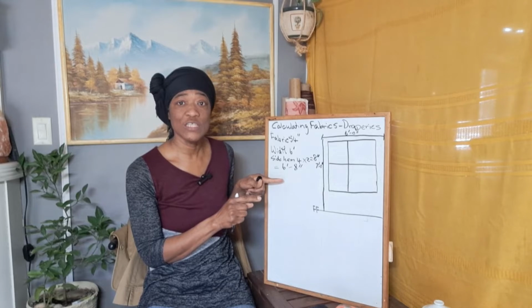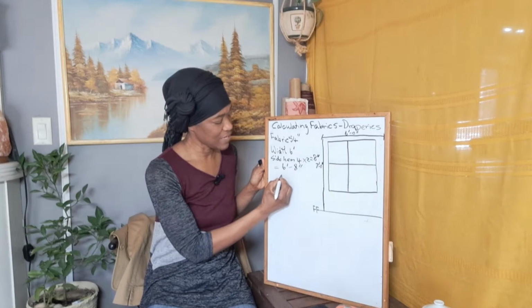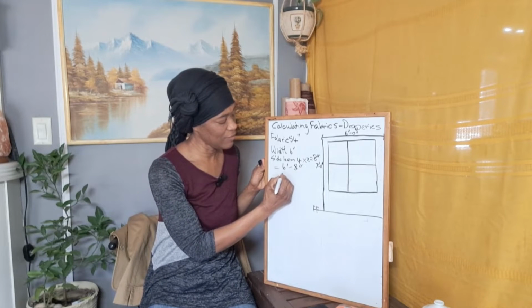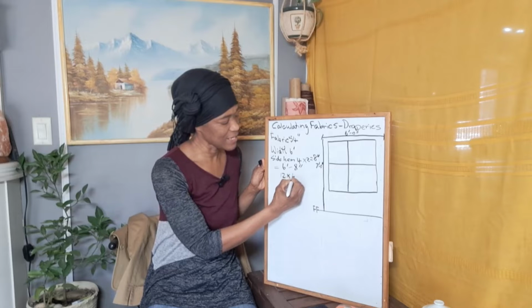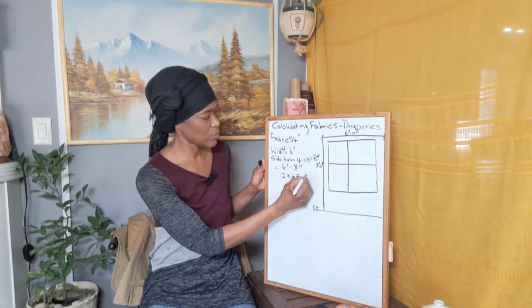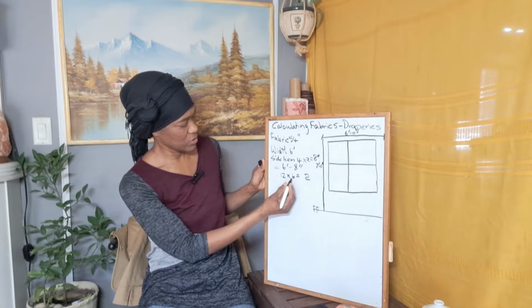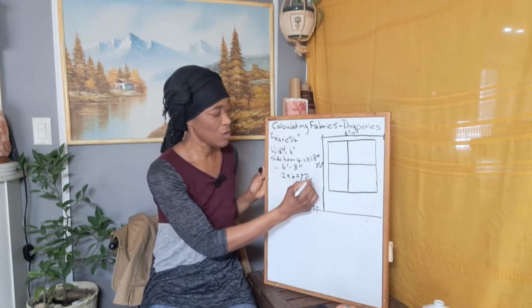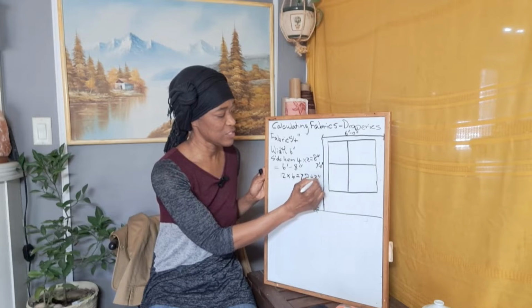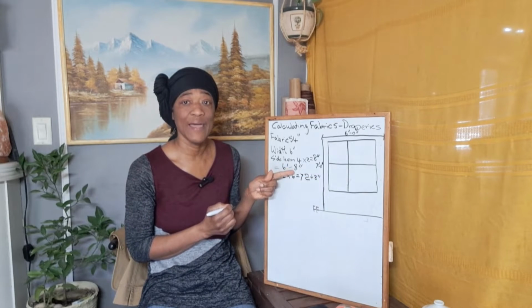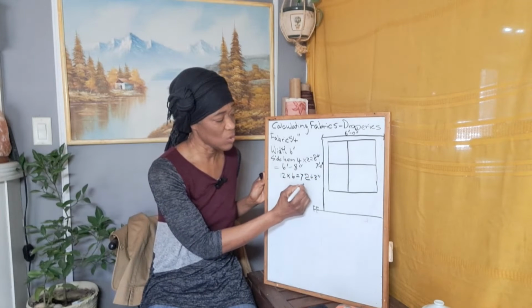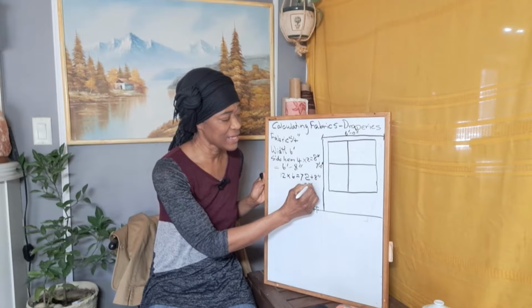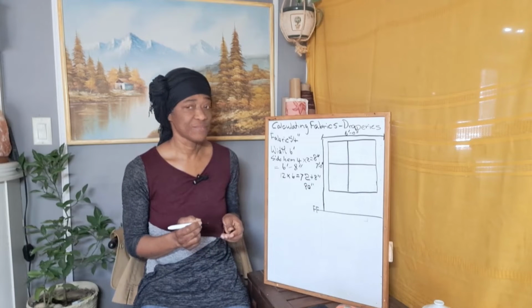There are 12 inches in a foot, which means that we multiply 12 by 6, and 6 twelves are 72, plus 8 inches, which is the double hem for the sides. That's going to be 80 inches.